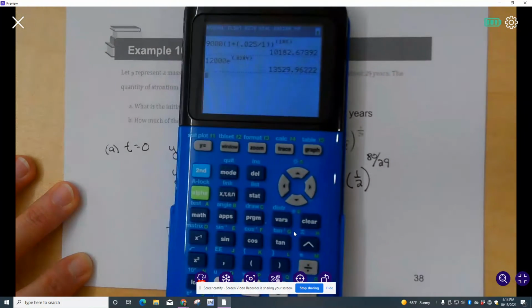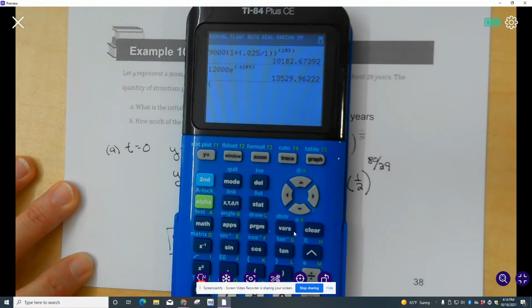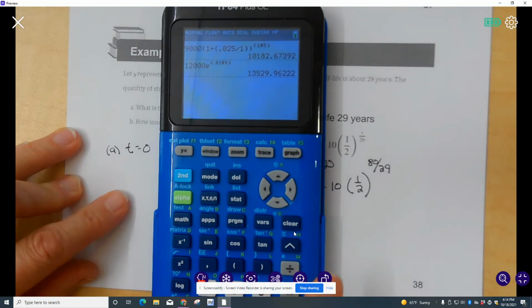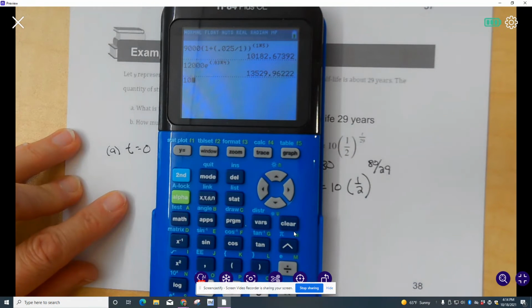So I'm going to do 10 times 1/2, put that in parentheses, definitely, to the, put your exponent in parentheses because you're going to put a fraction in it, 80 divided by 29. Right parenthesis, hit enter.